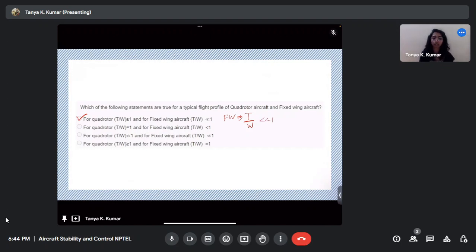Because thrust is not the component that balances the weight. What is the component that balances weight? It's lift, right? So lift to weight ratio is what we see there.